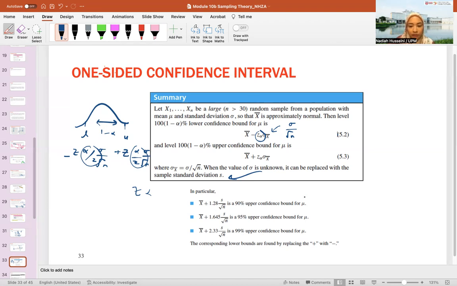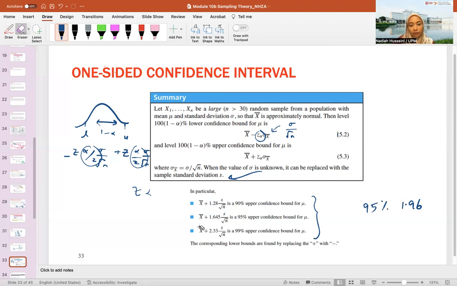So in particular, the Z alpha would be different, right? Because this is no longer Z alpha over 2, it's Z alpha. Previously we know that a 95% confidence interval would give us 1.96. For the upper confidence bound of a one-sided 95% confidence interval, it is 1.645.